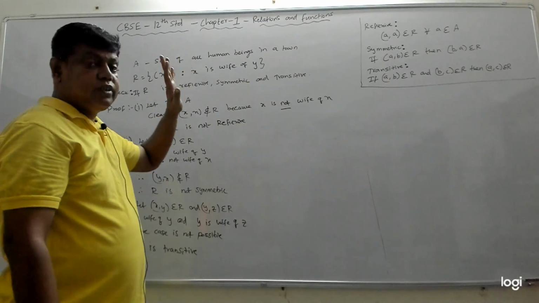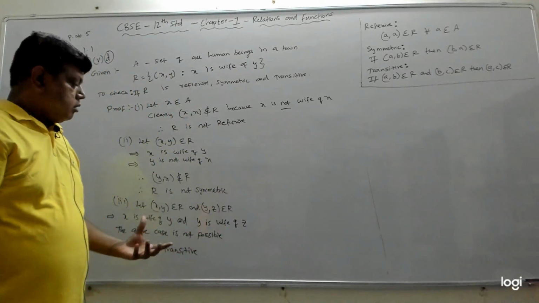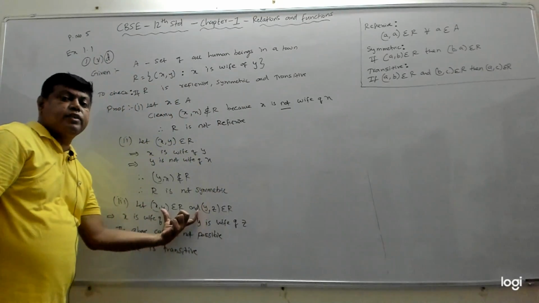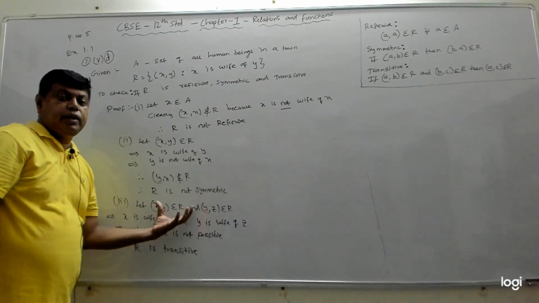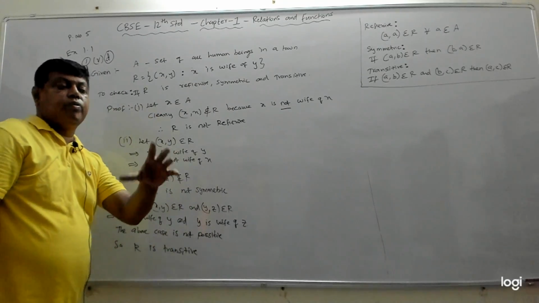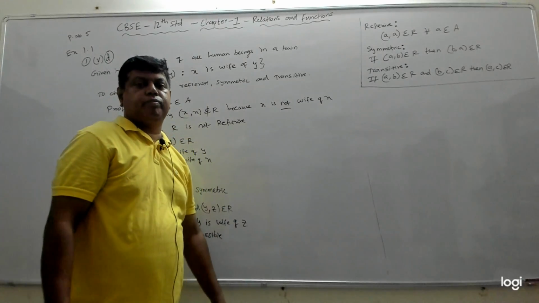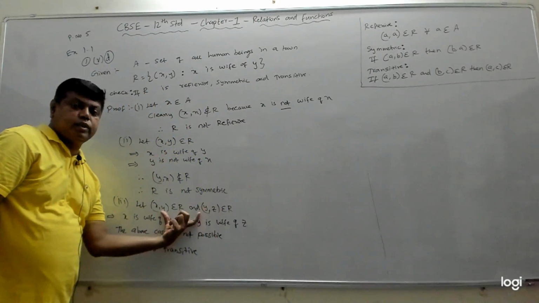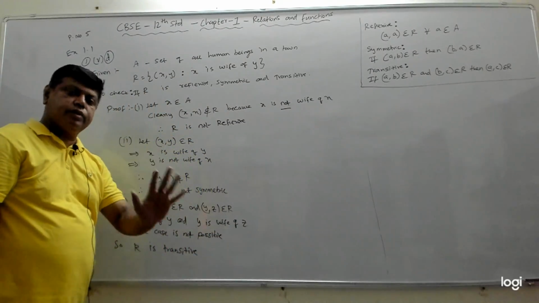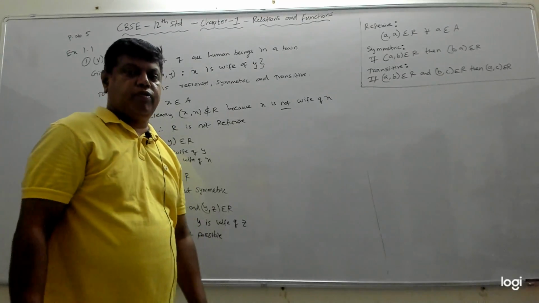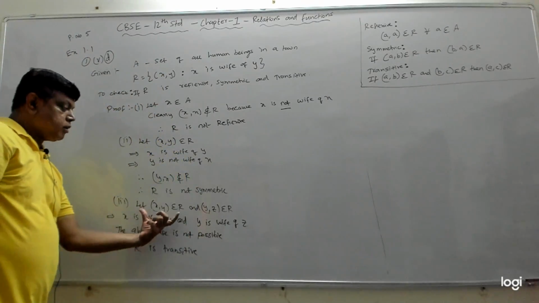This relation is a transitive relation because the given condition for transitivity itself will fail. I need this condition to check whether a comma c belongs to R. If I am not even able to find such a pair, then immediately we can say it is transitive. Fine. So this may be a little confusing, but this is how the logic is.